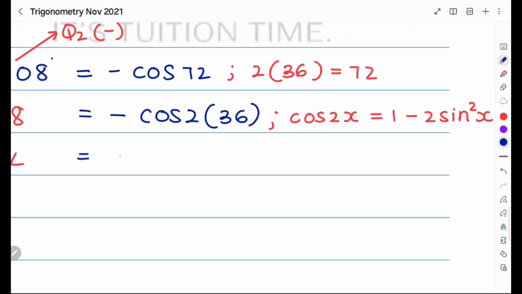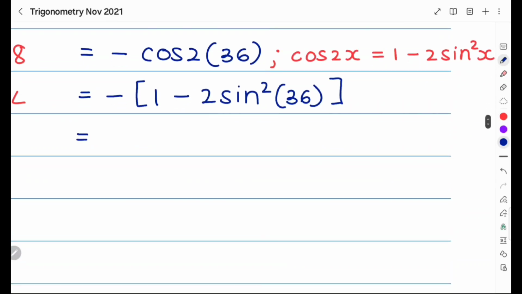So here it is going to be negative, so we bring down the negative sign, open a bracket. What is cos of 2 times 36? It is 1 minus 2 sine squared. What is the angle? It is 36. Let us turn this into a square bracket. From here, I'm going to distribute the negative into the bracket, making it negative 1 plus 2 sine squared of 36.